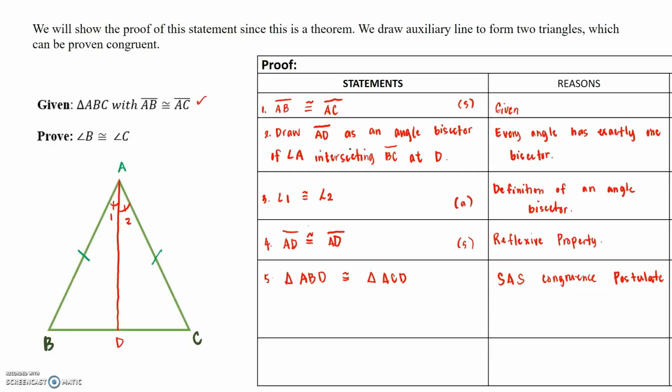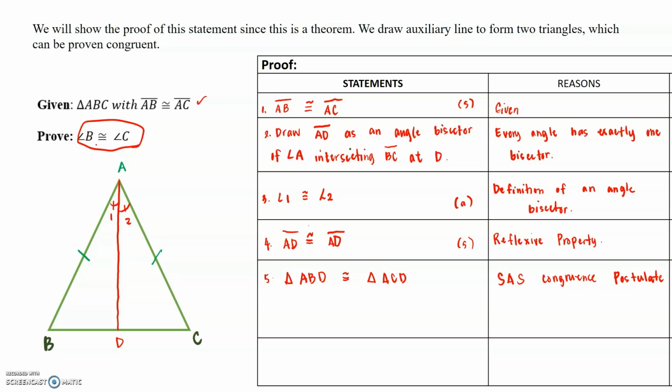Okay? Now, let's go back to what we are proving in this problem. We are proving angle B to be congruent to angle C, okay? Not the congruence of the two triangles. Let's be clear of that. We will not stop at statement 5 because the congruence of the two triangles is not something that we are asked to prove in this problem.